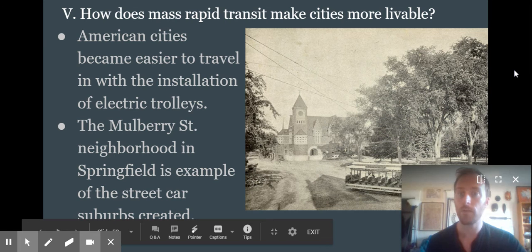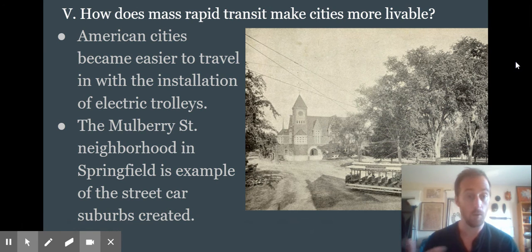So this mass transit system, amongst also drawing immigrants and rural people into these cities, made it so you have the invention of the suburb effectively. So electric trolleys, which by the way, if the power source is green, they are too, and what are beginning to be known as suburbs. In reality, they're really not what you think of as a suburb, with the subdivisions and teardrop shapes, and that's all automobile oriented.